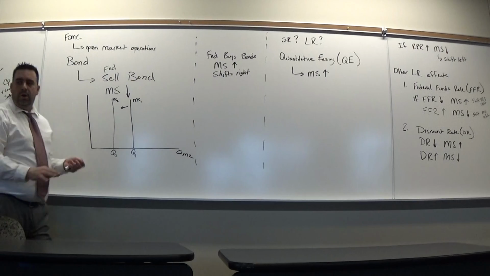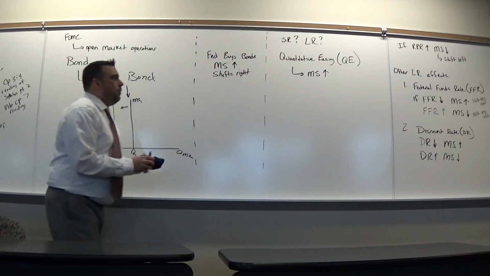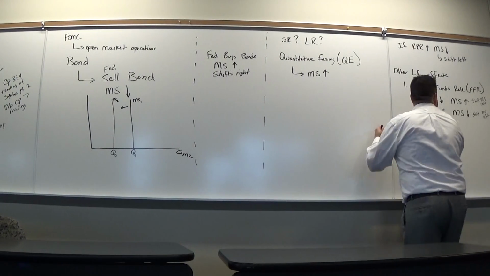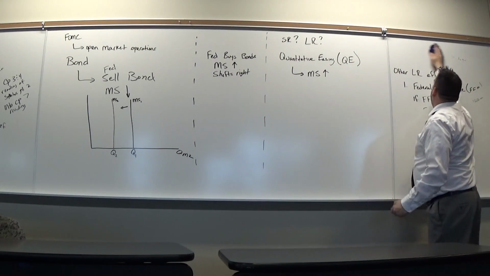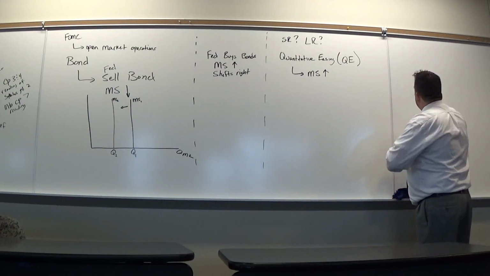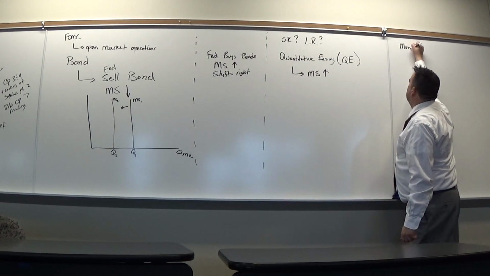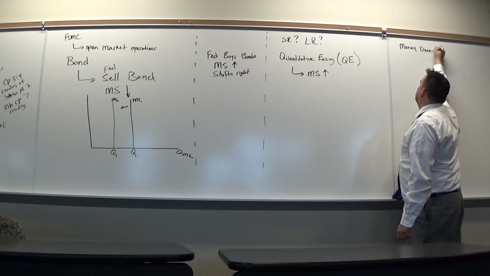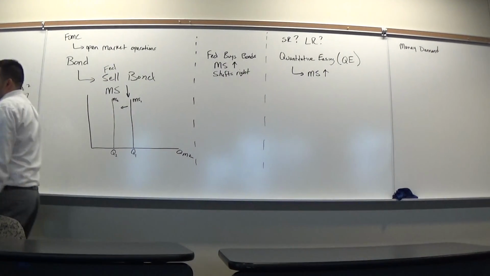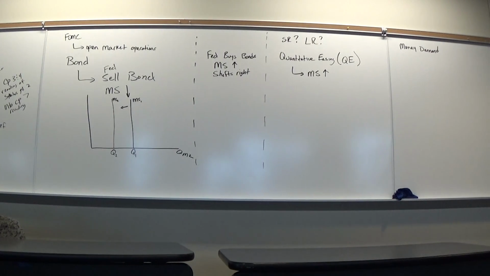Okay, so we've got part of our model done. I want to go now to the other side of our model and talk about money demand. The demand for money, right?